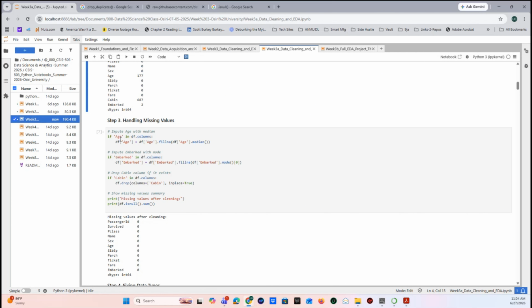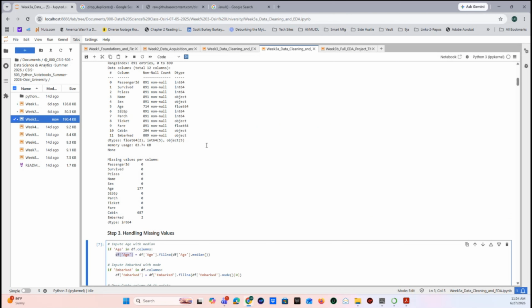If we come in here and say if age in df.columns, then df with age in square brackets, I'm isolating that column on age.